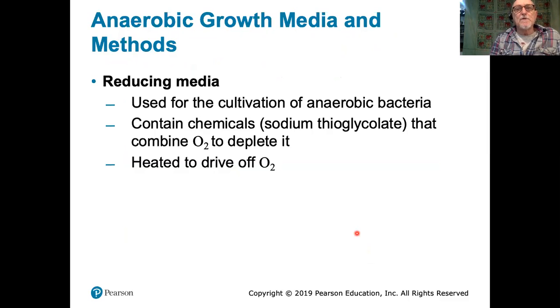That is called a reducing medium. Most commonly we use this substance, sodium thioglycolate. And sodium thioglycolate just binds up the oxygen present in the medium, and it is no longer available to organisms.